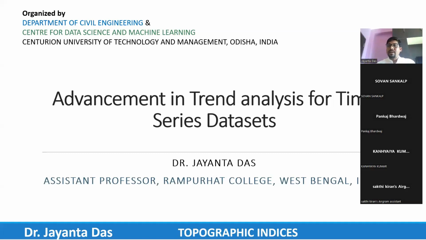to conduct any trend analysis. Now, in the literature, you can find lots of methods for trend analysis for time series datasets. But the most commonly used and most popular method is the Mann-Kendall test. Mann and Kendall, 1945 and 1955, independently gave this method.